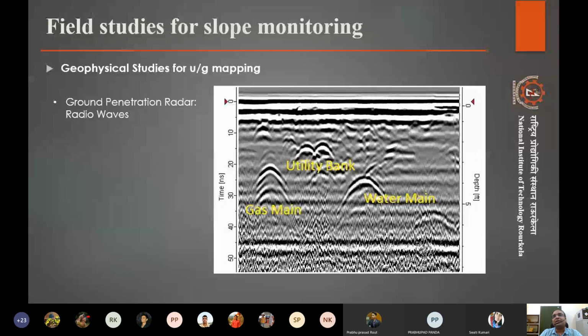There was an example in Pakistan, where they were proposing a mining lease in an area where the main pipeline was connecting the oil pipeline with that region in a certain area of Balochistan. One study was there. So that kind of issue is easily sorted out if you go for the ground penetration radar.